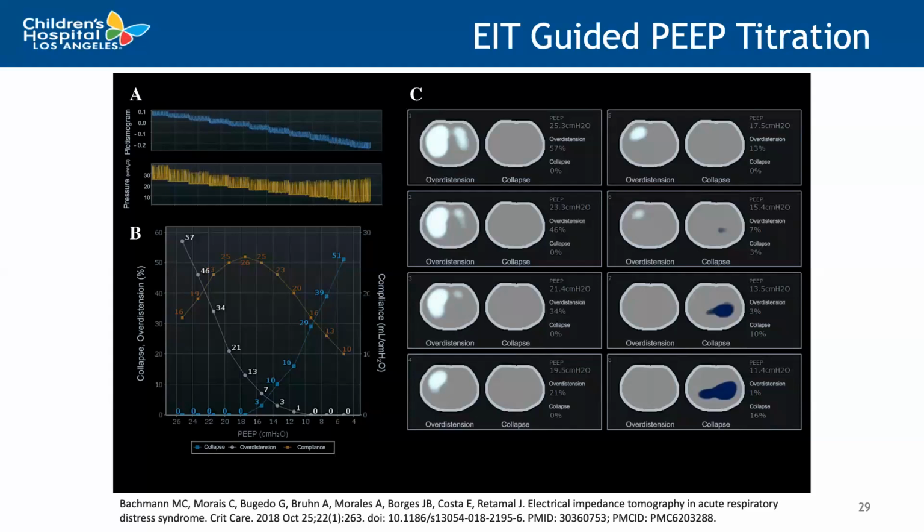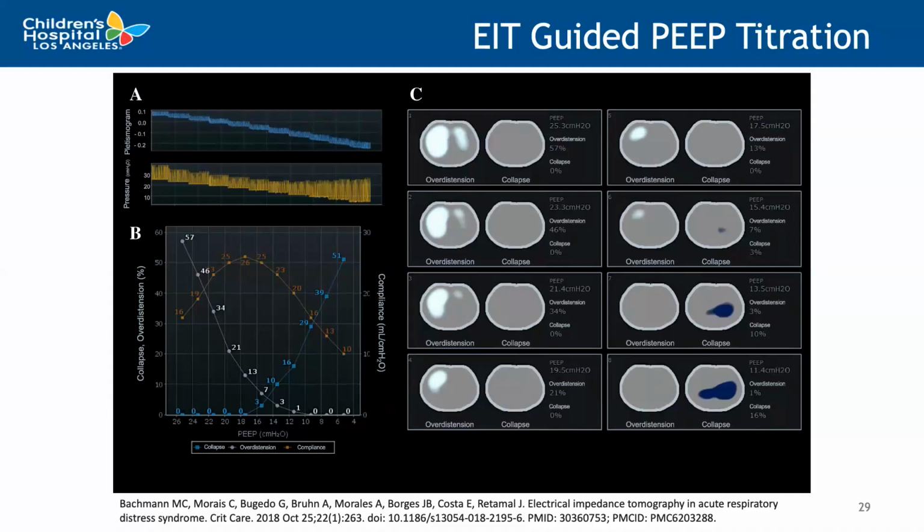So the EIT device actually has a PEEP titration tool built into it. This is a representation of what the report would look like when performing the PEEP titration tool at the bedside. So I'll just take a little bit of time to orient you all to the screen here. So first, PEEP titrations should be done during decremental PEEP titration or decremental PEEP trial.